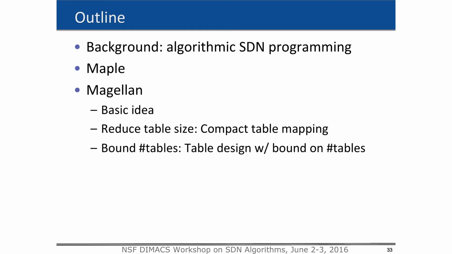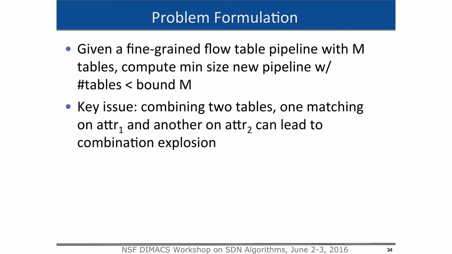And to solve the second problem, we essentially need a table design algorithm with a bounded number of tables constraint. The problem definition is: given a flow table pipeline with at most m tables and an input function, can we compute the minimal size of a new pipeline with the number of tables bounded by m?